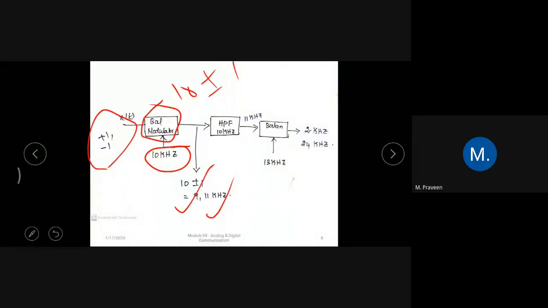The high pass filter allows only the high frequency content above 10 kilohertz. In that case, 9 kilohertz will be rejected and 11 kilohertz will be allowed. So we can conclude that at the end of the high pass filter, we will have only the 11 kilohertz signal, and the 9 kilohertz signal will be removed.